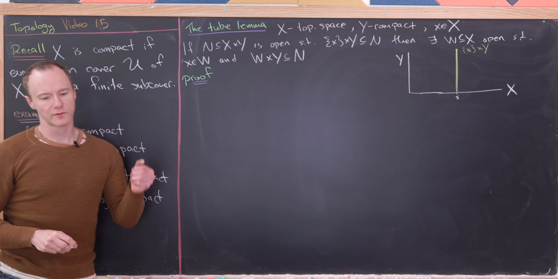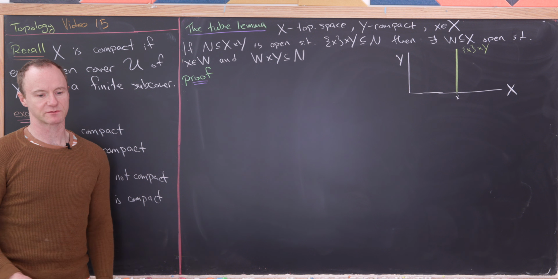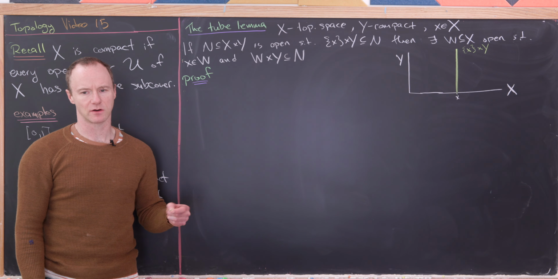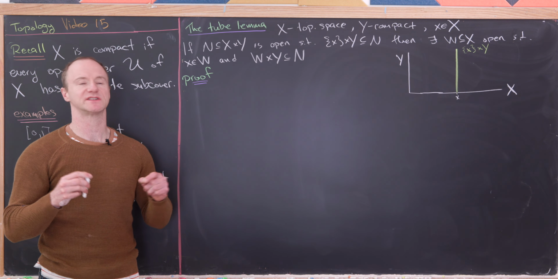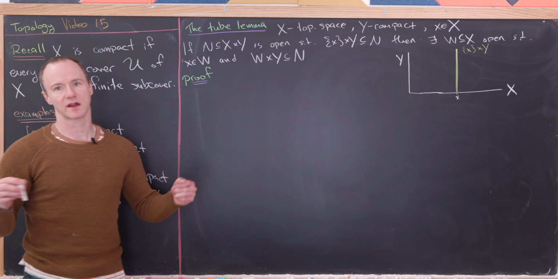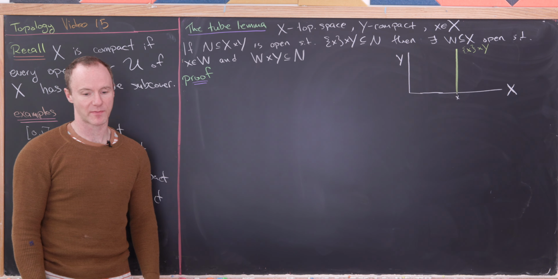Now we're going to prove a really important lemma for our next big result, called the tube lemma. It might seem kind of technical, but you'll see why it'll be so useful for our next result, which has to do with the product of compact spaces being compact.